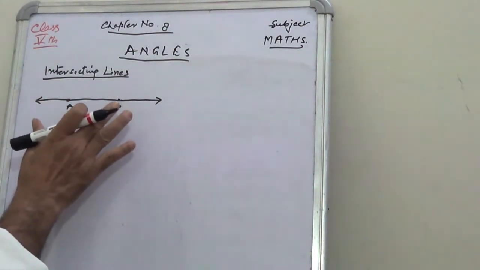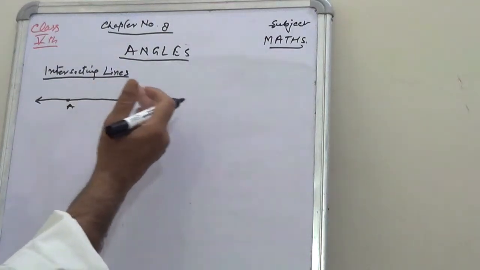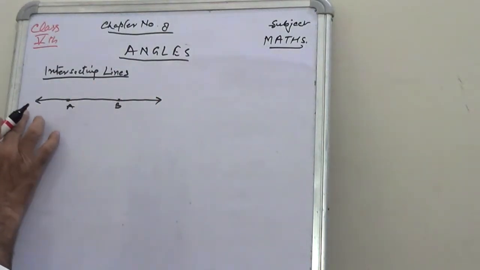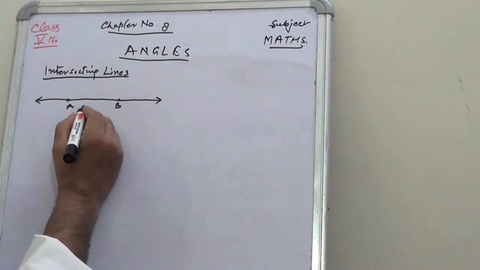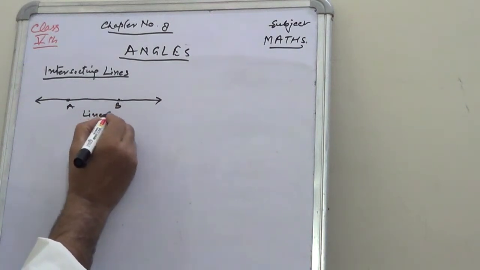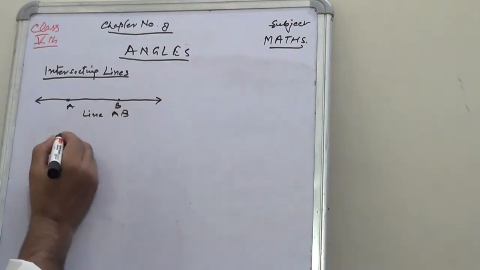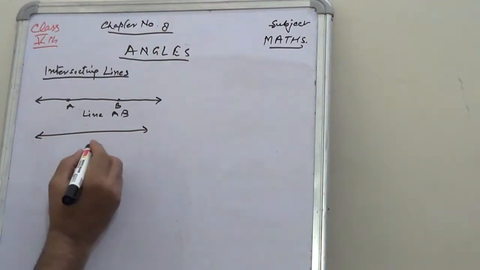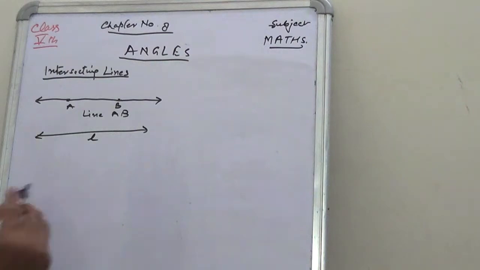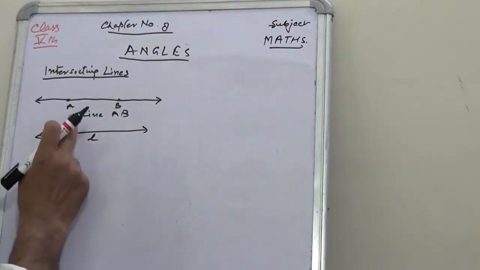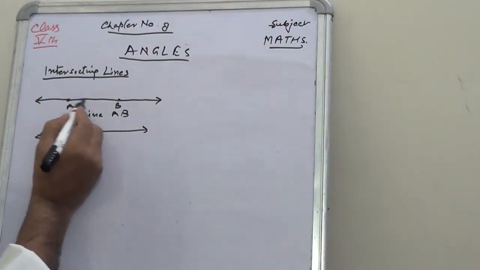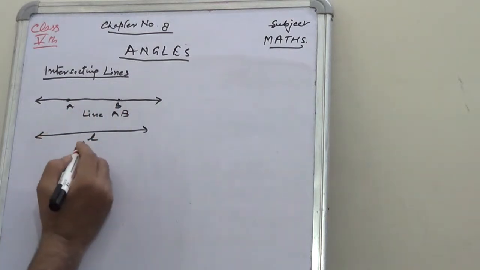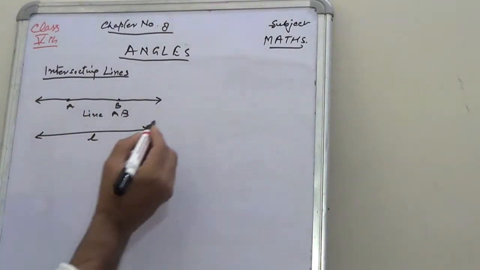Means it can extend anywhere to this side and anywhere to this side. This is a line AB, and we also represent a line like this. You can say this is line L, having no points like AB on it. It is a line L.